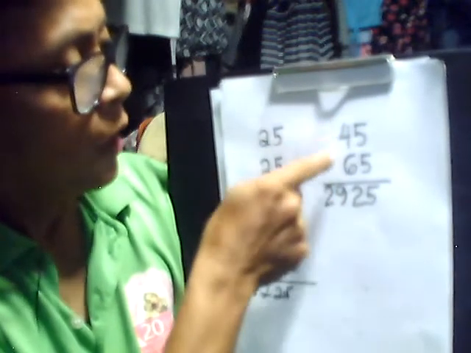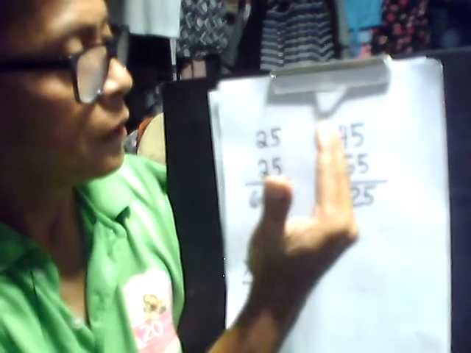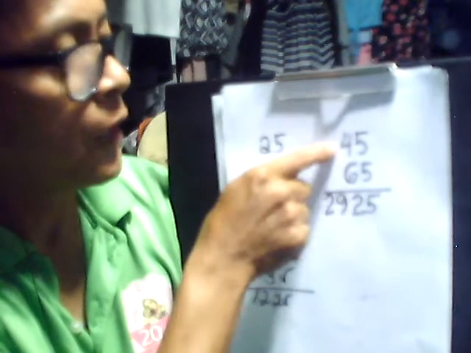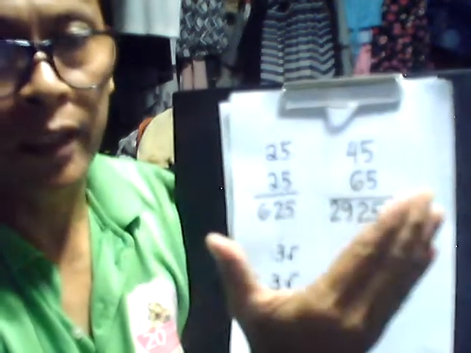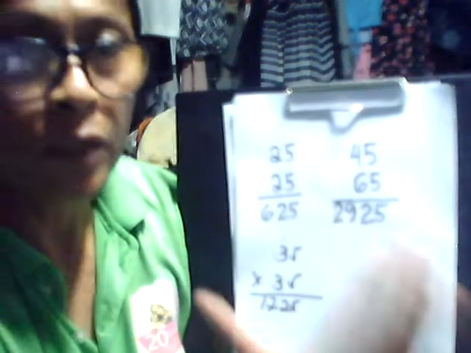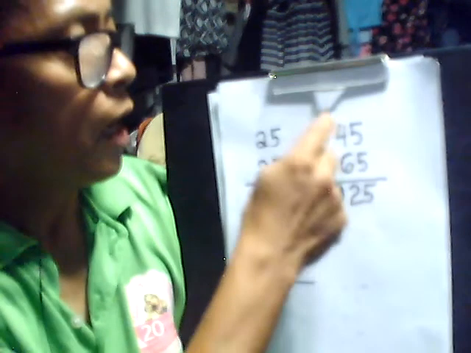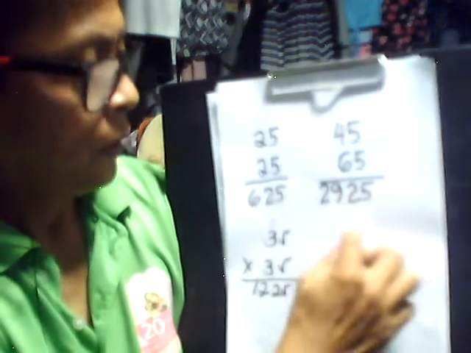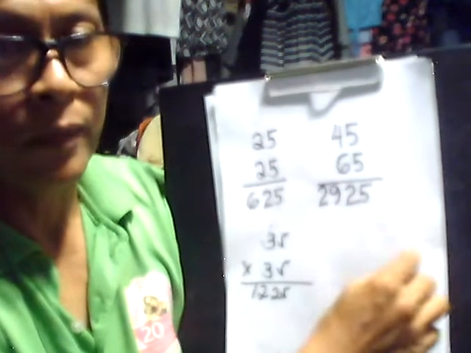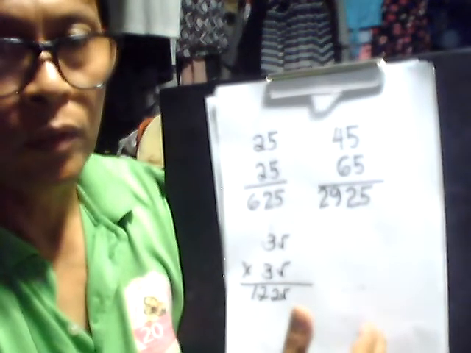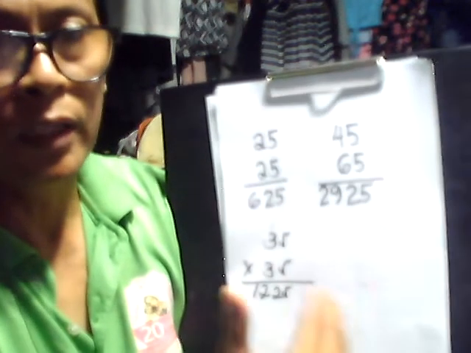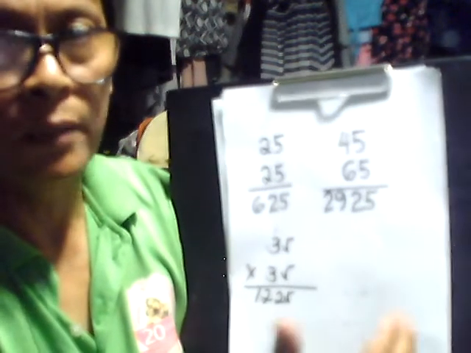Okay, it's very simple. You're going to add the two tens digits, the 4 and 6. If you add them both, that gives you 10, and 10 is an even number. If you add, let's say, 35 times 25, the two tens digits, 3 and 2, when you add them both, that gives you 5, and 5 is an odd number.